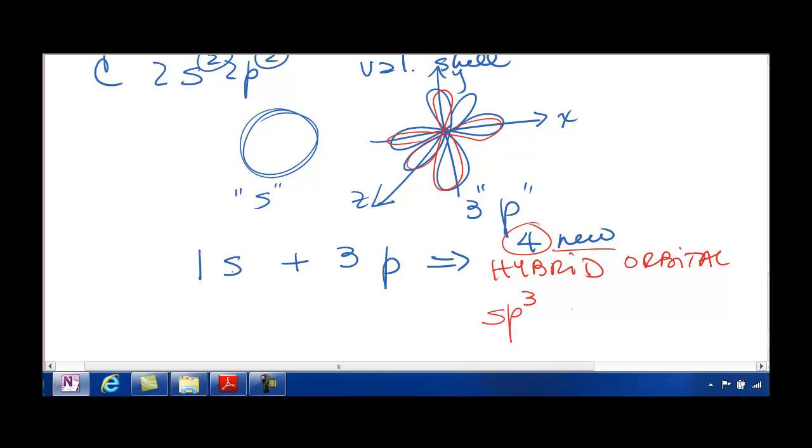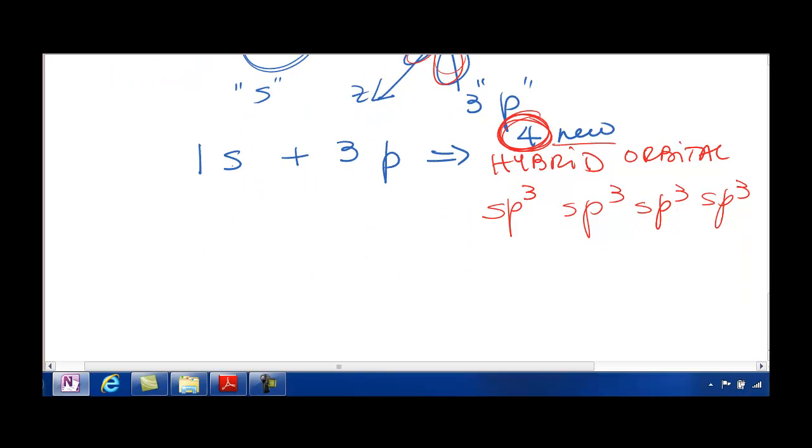So I'm going to have an sp3 and another sp3 and a third sp3 and a fourth sp3. And these orbitals are neither spherical nor dumbbell-shaped. They are going to be pointing towards the vertices of a tetrahedron.